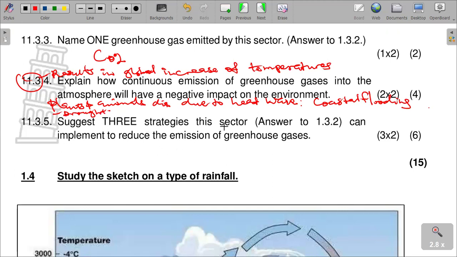Suggest three strategies this sector can implement to reduce the impact of greenhouse gases. We can talk about ways of reducing the impact of greenhouse gases. These can be matters such as, one, introduce an energy saving system, and then also implementing carbon tax.